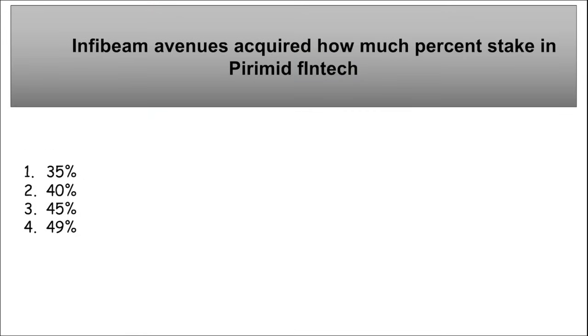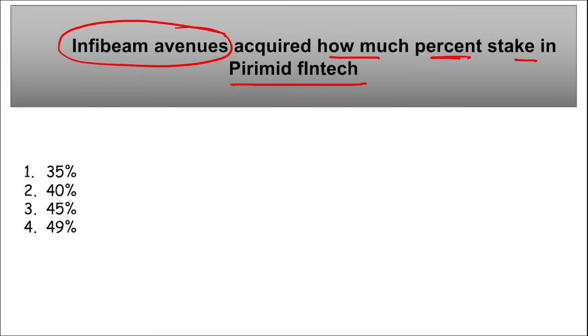Moving on. Next is Infibeam Avenues. How much percent stake have they acquired in Pyramid Fintech? Infibeam Avenues Limited is a Gandhinagar, Gujarat based financial technology company. They have acquired a 49% stake in Pyramid Fintech.